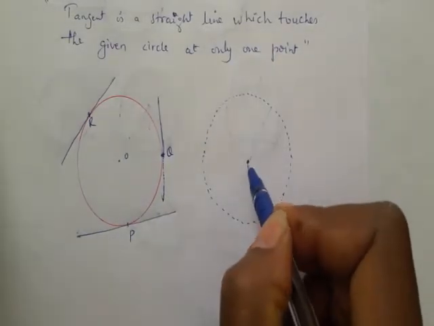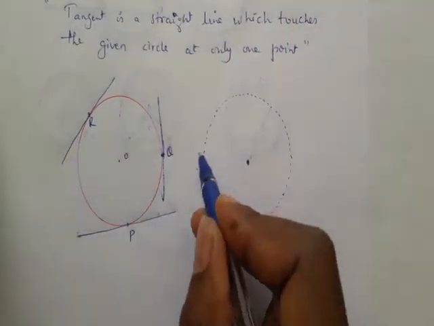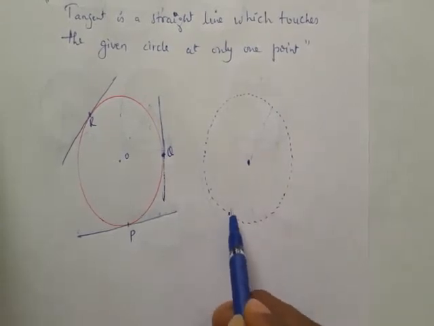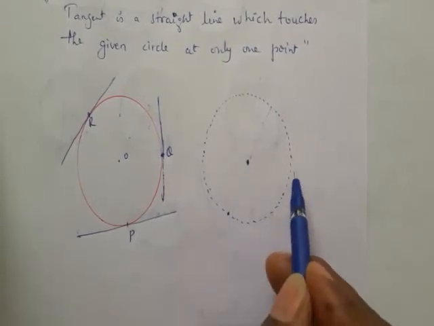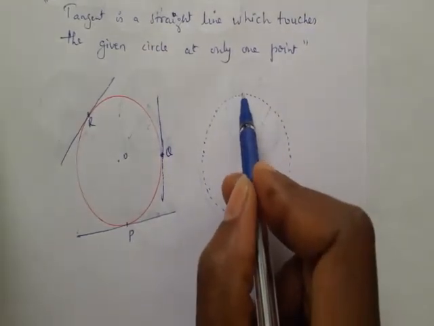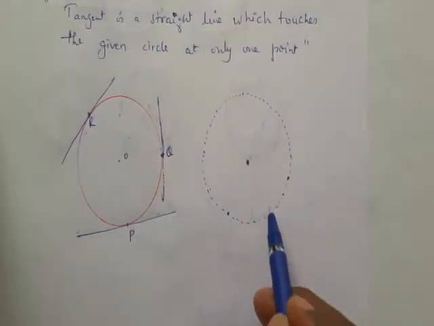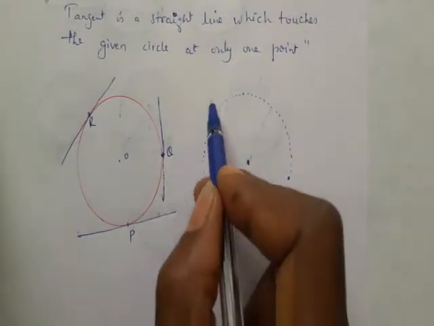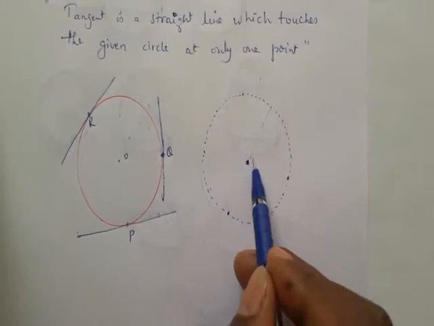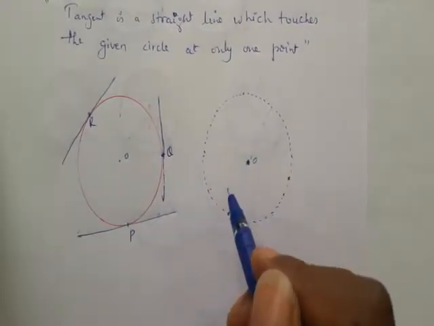So this is the fixed point. If you take this point, it is 3 cm from the center, another point is also 3 cm from the center, another point on the circumference 3. So all these infinite number of points sitting in a curved path are equidistant from the center. So this is the definition of the circle, right?